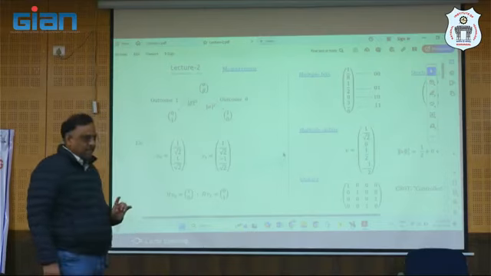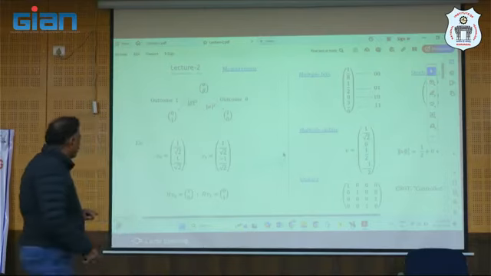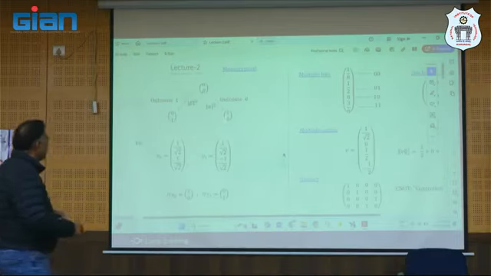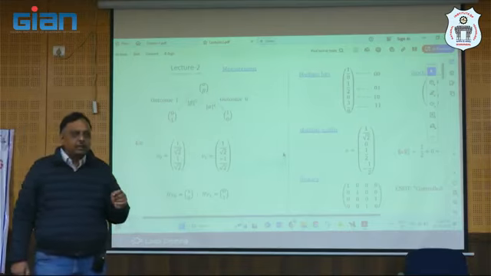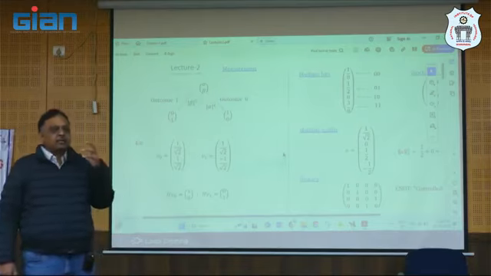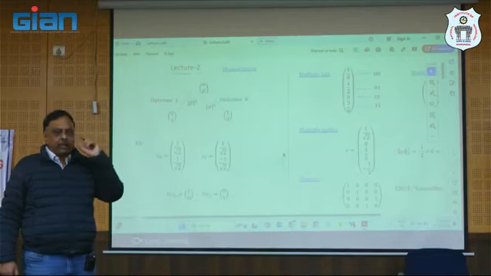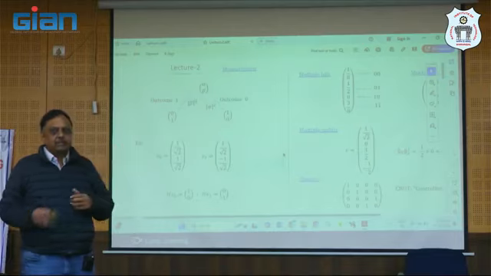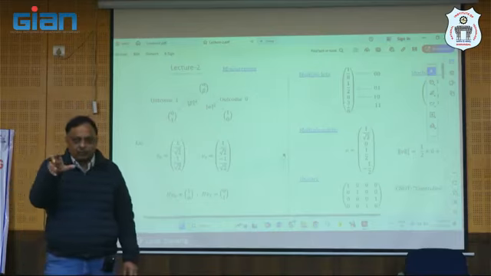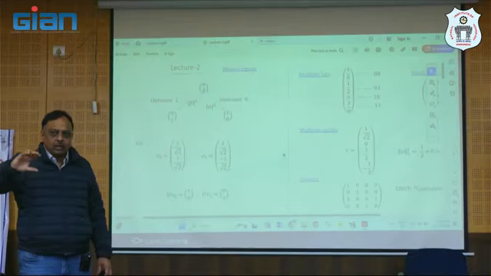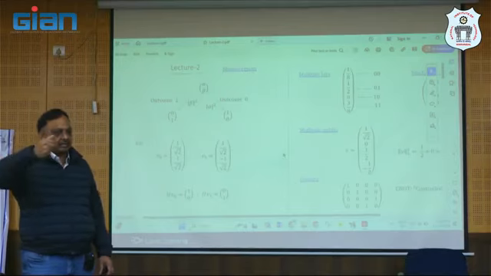Okay, I understand what you're saying now. We were doing measurement, so we were getting 0 and 1. Now here also we are getting 0 and 1, which is fine. The point is, suppose I had this electron, which was in the superposition of orbit 1 and orbit 2. I did a transformation on it.